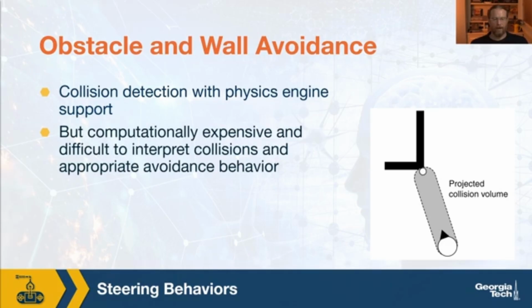And then probably a bigger problem is interpreting the collision results. If you get a collision on a particular part of this collision volume, then what's the appropriate strategy for the agent? There's not a clear-cut answer, and I don't think a demonstration in commercial video games has won out as the go-to strategy.